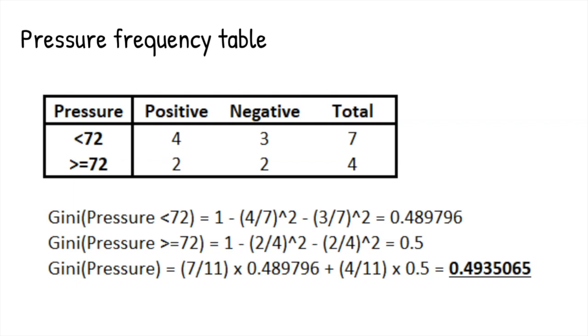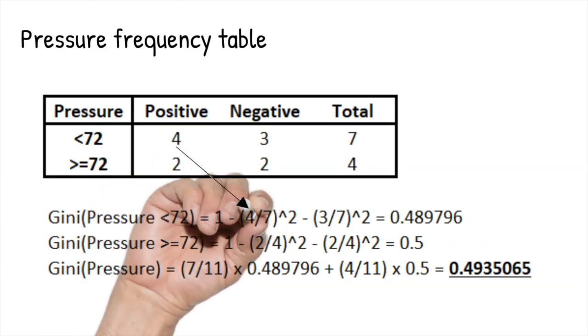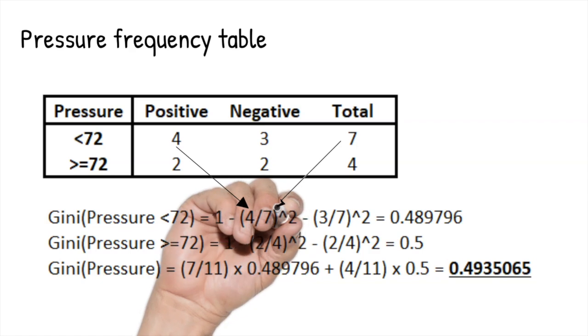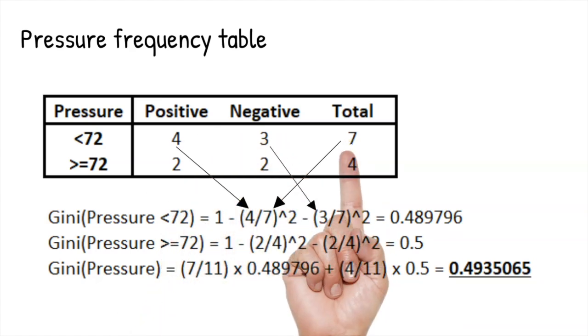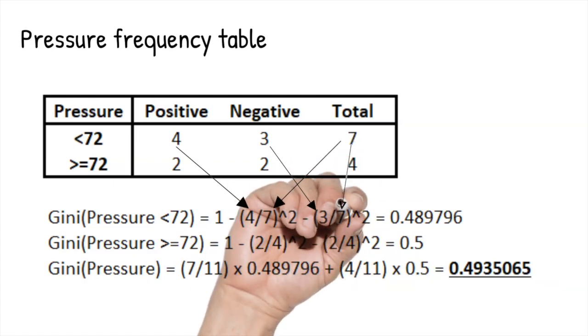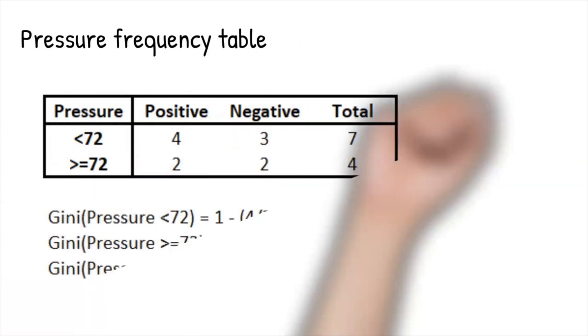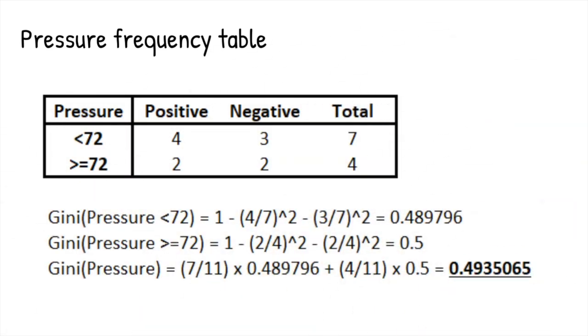The Gini index for pressure less than 72 is equal to 1 minus 4 over 7 squared. 4 because we have 4 people that were positive, minus 3 over 7 squared. 3 because we have 3 people that are negative in the pressure less than 72 group. The total Gini score for pressure less than 72 is equal to 0.489796.